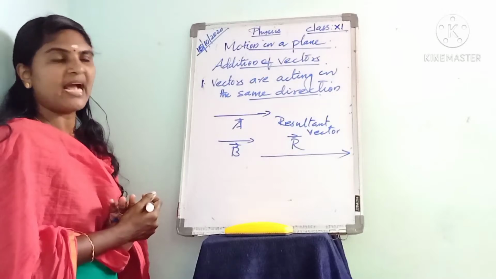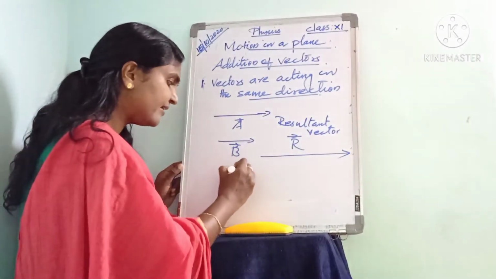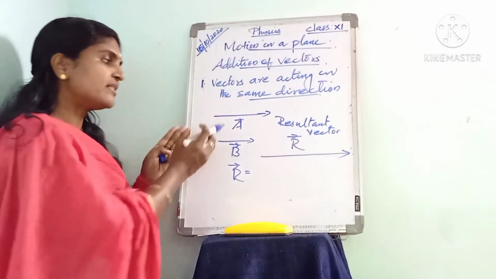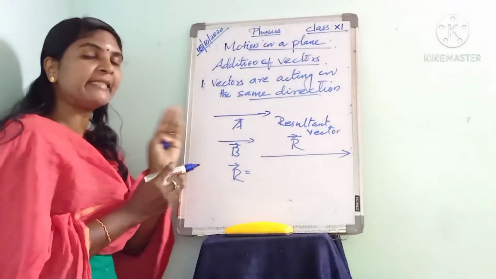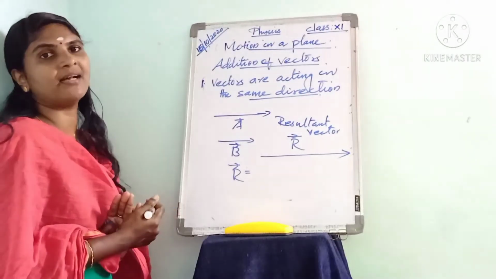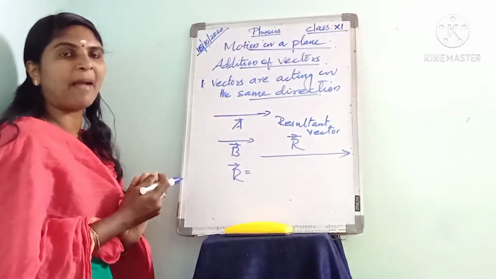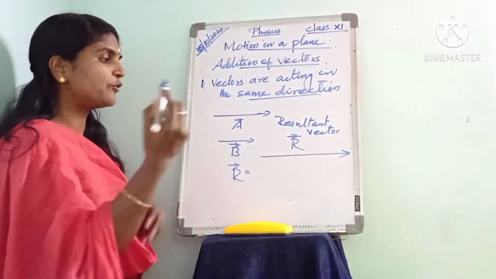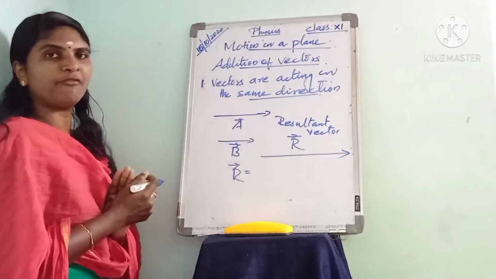We can represent the resultant vector R as follows. If the two vectors are acting in the same direction, the resultant vector R is given by just adding the magnitudes of A and B. First take the magnitude of A. What is the magnitude of vector A?